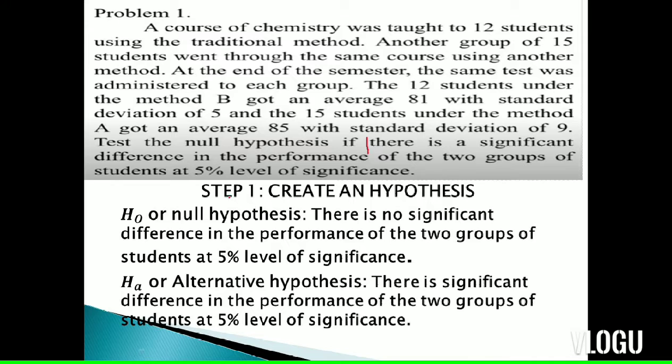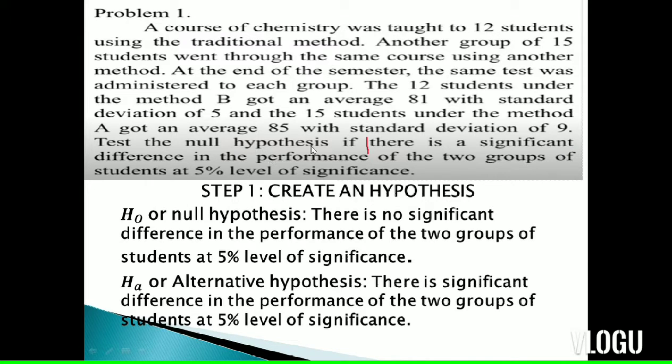So first, create the hypothesis. Sa kini nga problem, pangitaon lang nimo ang iyahang imperative or kanang pautos. Test the null hypothesis if there is a significant difference in the performance of the two groups of students at 5% level of significance.